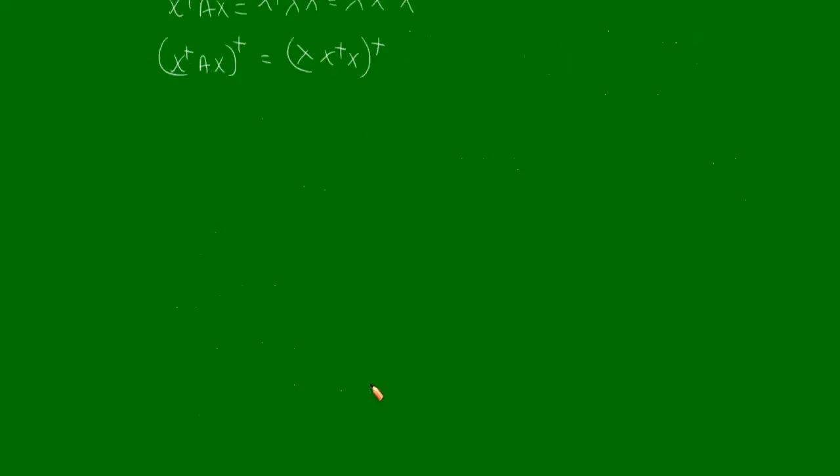So this will be equal to, here we have X dagger, then A dagger, then X dagger dagger, which is equivalent to lambda star into X dagger into X dagger dagger. Okay, so this will be equal to X dagger A dagger X is equal to lambda star into X dagger X.